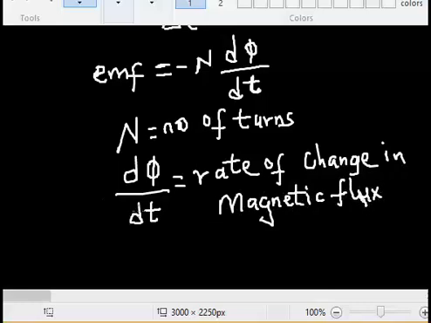So according to him, the more of this change you have, the more EMF you're going to have.